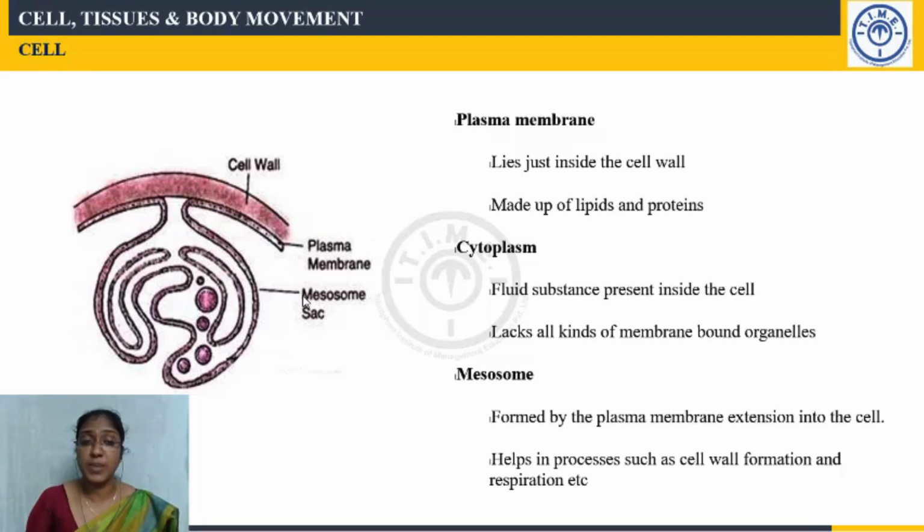What is respiration? Respiration means the breaking down of food substances to produce energy. So they are the site of respiration also. That's about mesosomes. So the cell wall, plasma membrane, cytoplasm, and mesosomes are present in the prokaryotic cell.